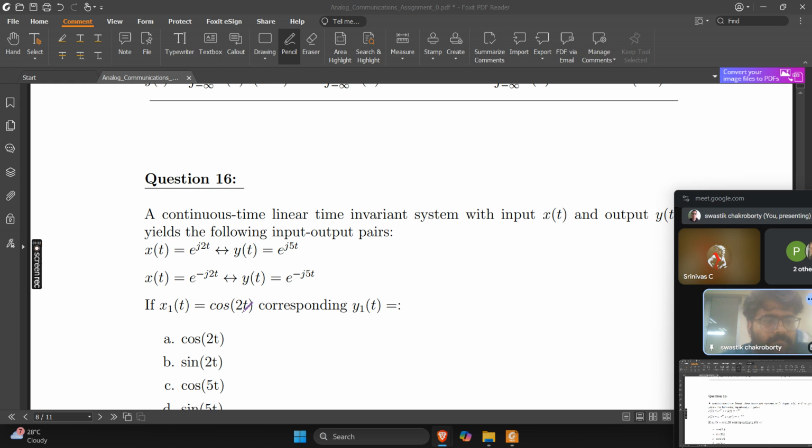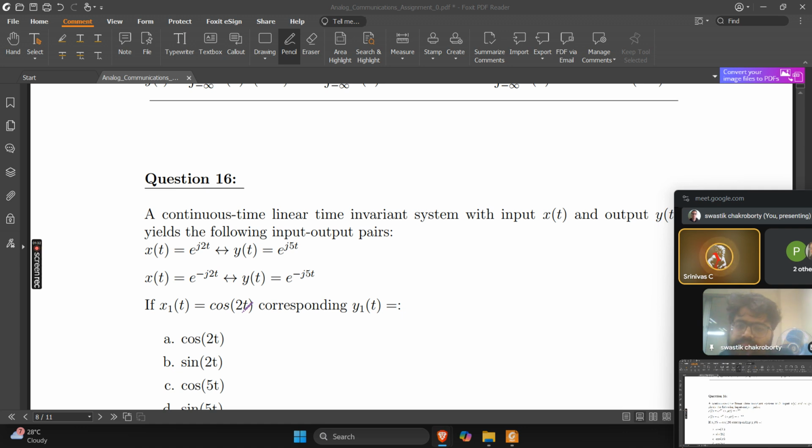Srinivas? Sir, is it cos 5t? Yes. How is it cos 5t? If you expand the cos term in exponentials, it can be written as e to the power jt plus e to the power minus jt, divided by 2.